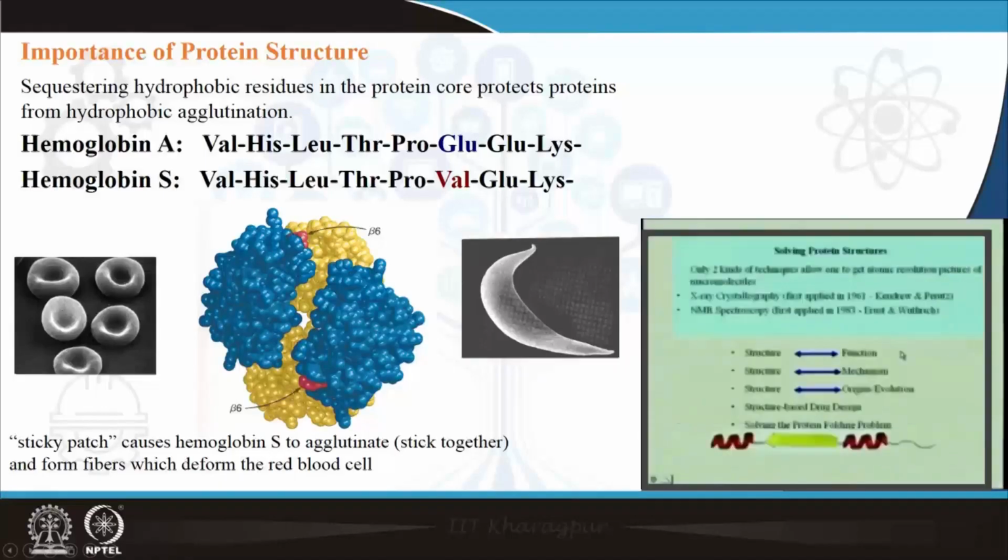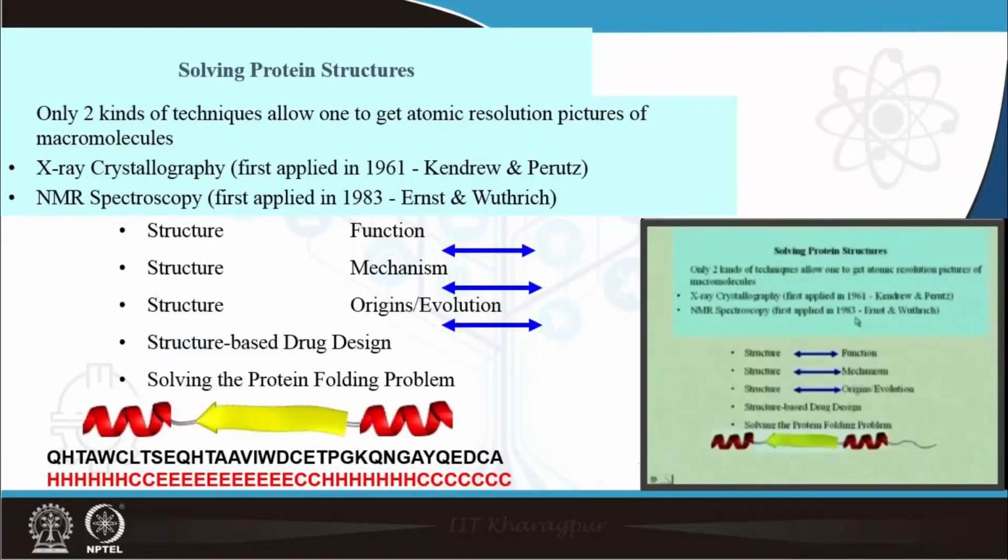But for now we are going to understand more of how we can actually get to solving protein structures, because now we know that we have this amino acid sequence, we can get a secondary structure out of it, from that we can get a tertiary structure, finally a quaternary structure.